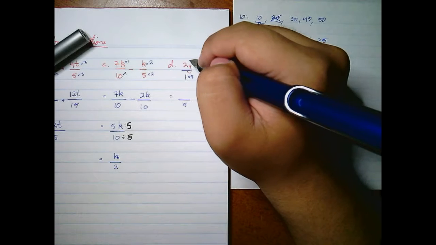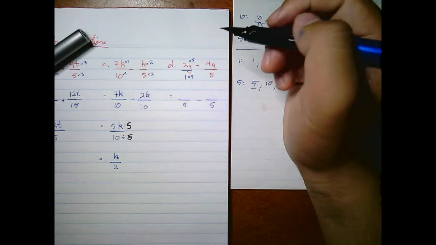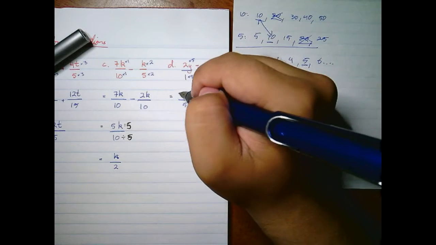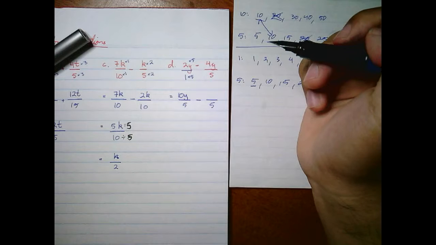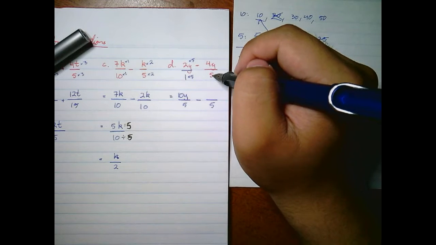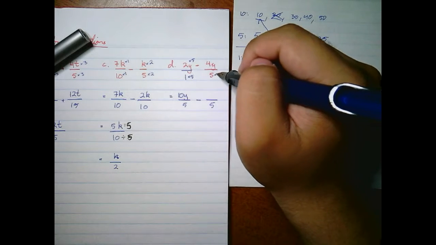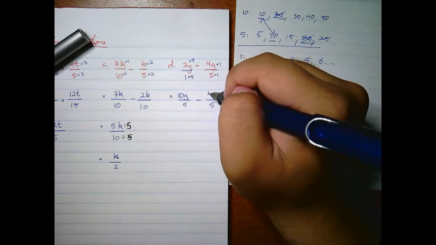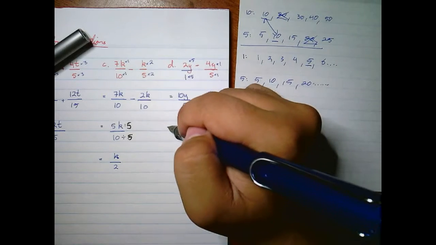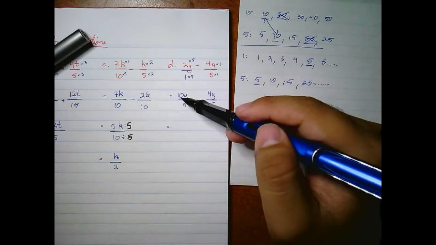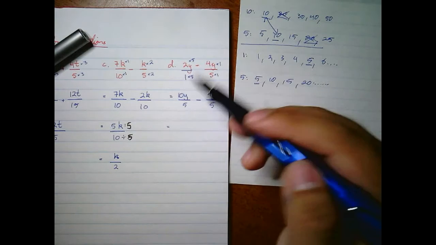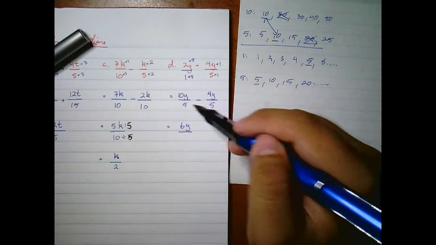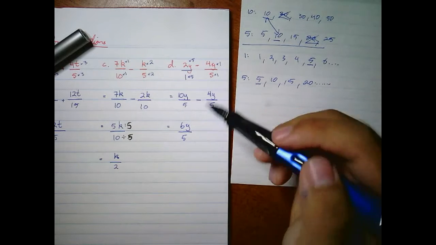And 2y is multiplied by 5 as well, so 2y times 5 is 10y. And 5 to become 5, well, that's just times 1. That remains the same. 10y minus 4y is 6y, and the 5s remain the same.